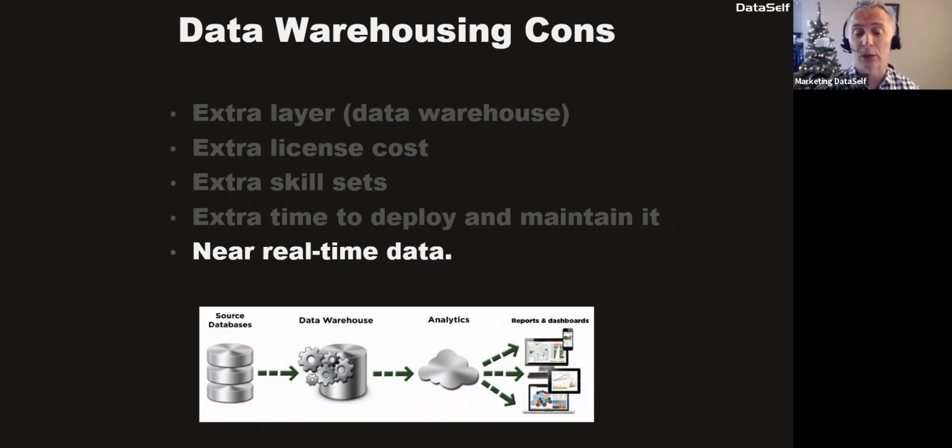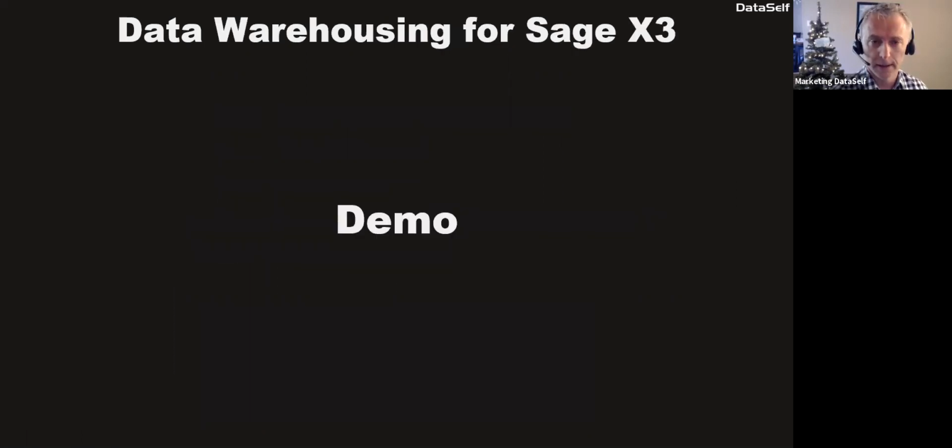How you do the refresh of the data warehouse, and how often, whether you can do real-time or not, those are technical discussions you have to check with the data warehouse platform, but typically it's not real-time, it's near, even though real-time is also possible. So those are the main cons of data warehousing.